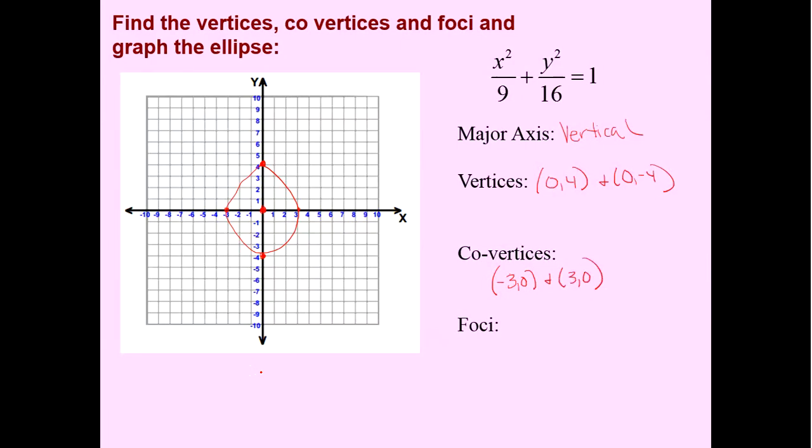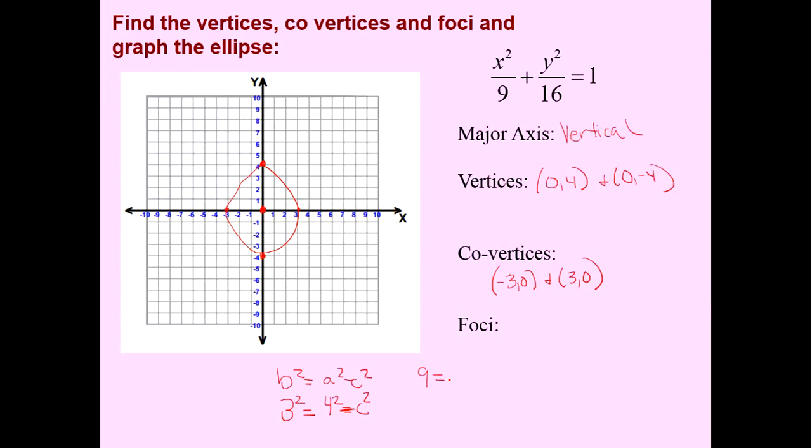And then remember, to find our foci, we use this formula, b squared equals a squared minus c squared. So my b, we remember, is 3, because that's the distance of the co-vertice to the center. And then a was the vertices to the center, so that would be 4 squared. Don't know c.